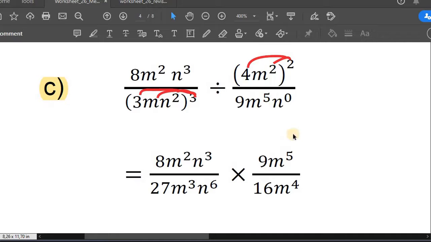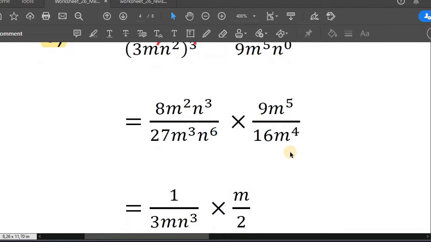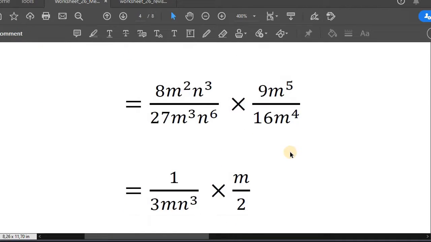This went to the top. Remember, n to the power of 0, anything to the power of 0 is 1. So like this times 1, it splits itself, right? Okay, then we simplify. Now you can do this many different ways, right?